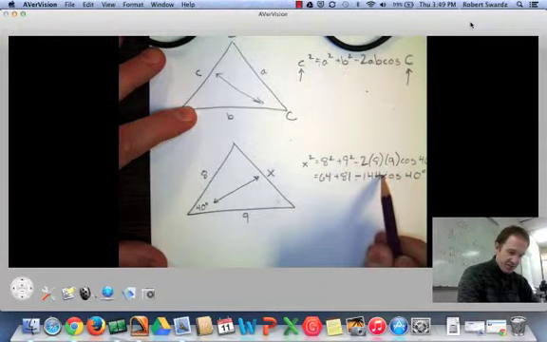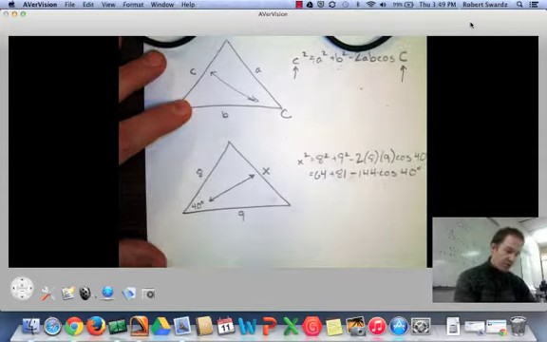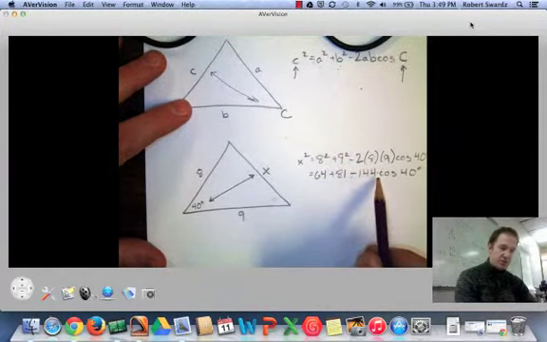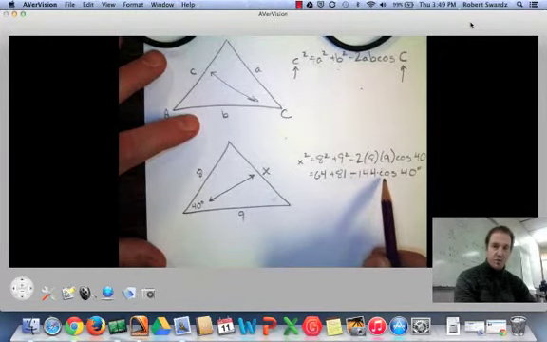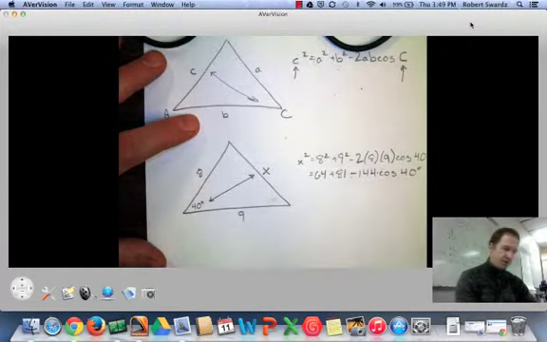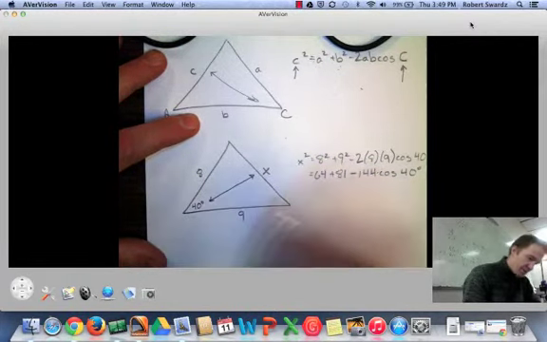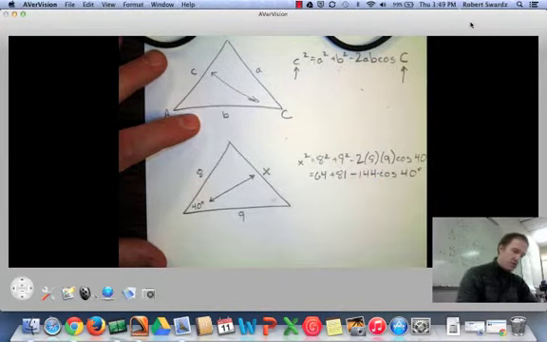Now, this is 144 times the cosine of 40. And when you do order of operations, when you're choosing between addition, subtraction, and multiplication, you always do multiplication first. So we've got to multiply 144 by cosine of 40 before we do this addition and subtraction. This is a mistake I see a lot of students making. Do this multiplication first.